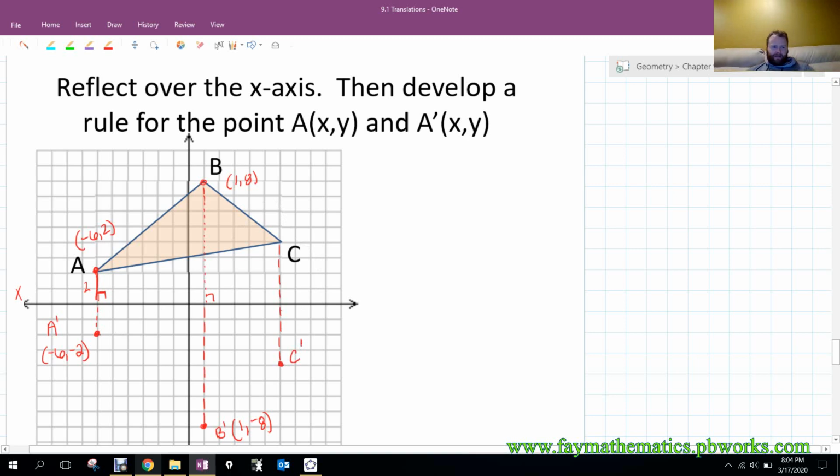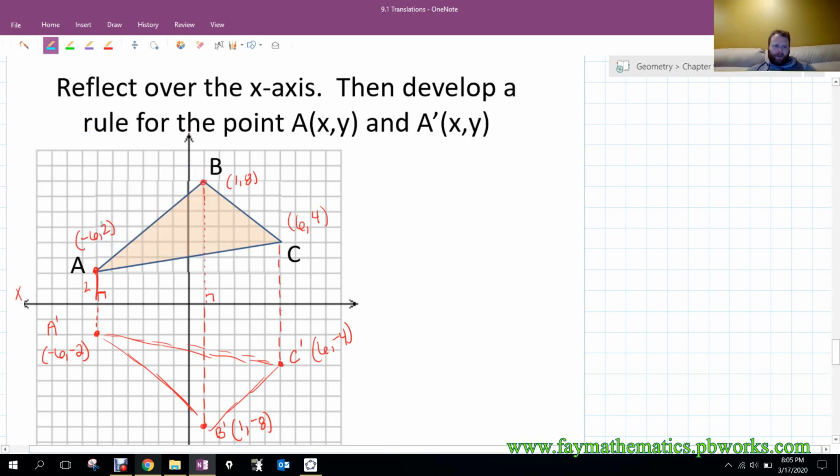If I connect these things, okay, I'm not very good at sketching with this tablet, but you can roughly see that that triangle would be congruent to the one we started with. Now if I look at these ordered pairs, I guess this would be 6, comma 4, and this is 6, comma negative 4.